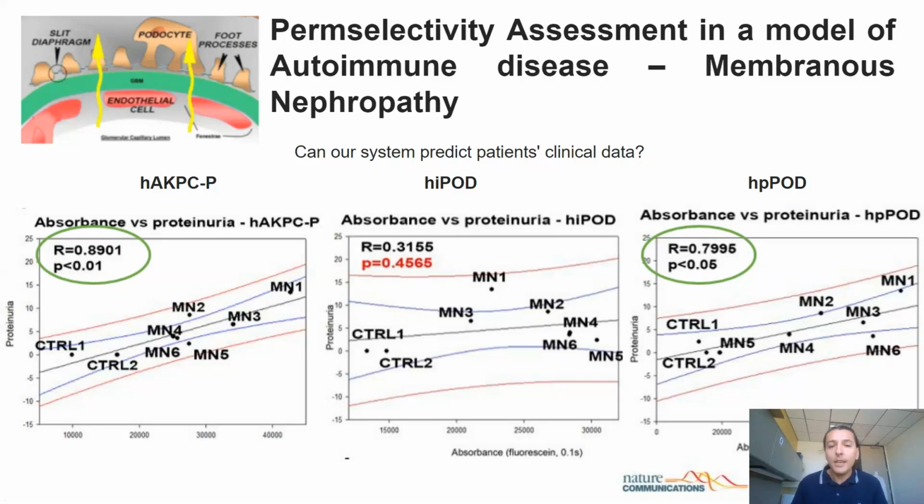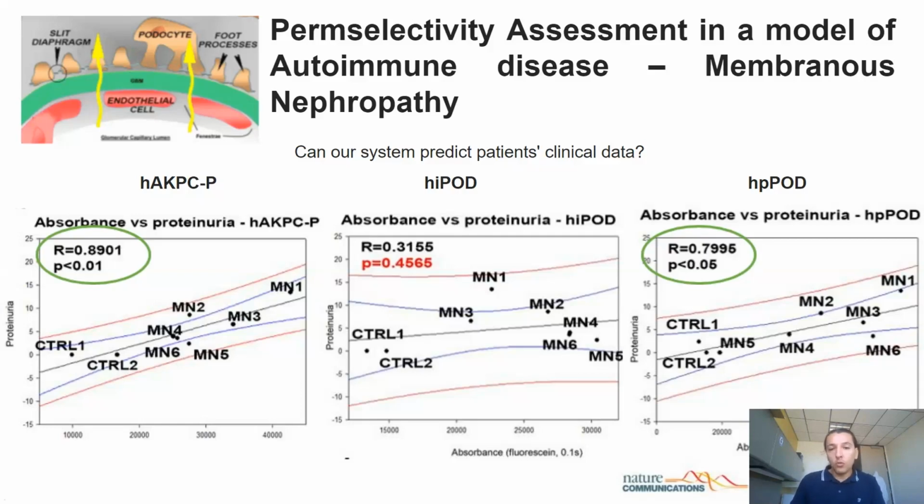As you can see here, both for the kidney podocytes and the primary podocytes, we were able to find a clear, high correlation between the measurement on the chip and the proteinuria of the patient, suggesting that we can use this system not only to model membranous nephropathy as a disease, but also as a potential diagnostic tool that replicates very well what is happening in vivo.